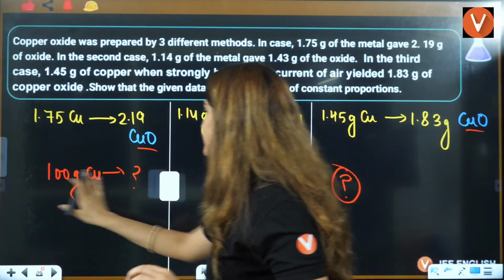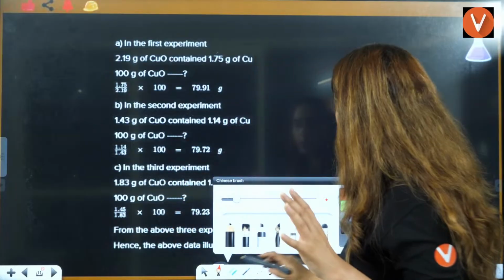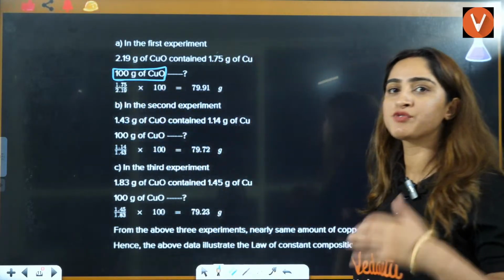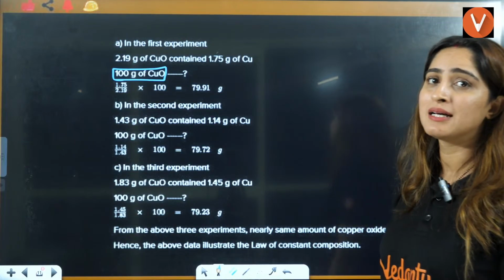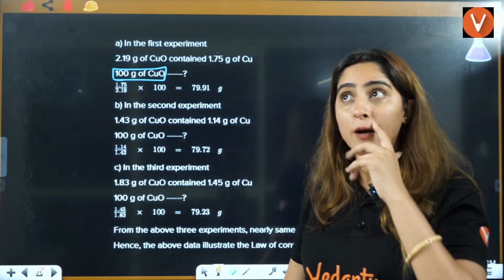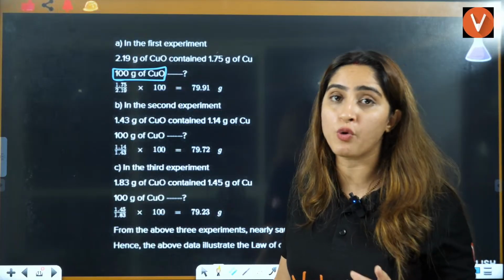Directly what you will do is solve it for 100 gram of copper oxide being formed by how much copper. Or you can also say how much copper oxide is obtained by 100 gram of copper. That's totally your choice how you want to proceed.